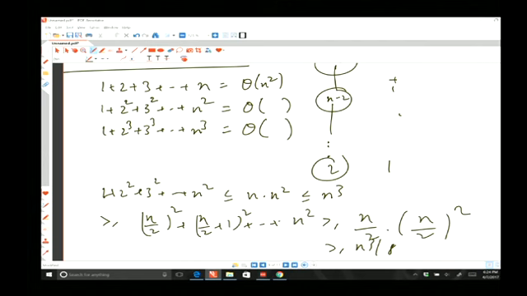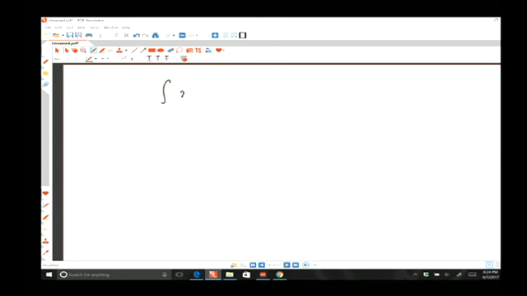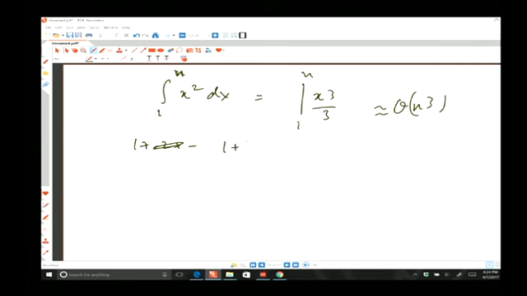Another way to do it is to approximate this. If you want to know what the sum is, why do you think it is log n?